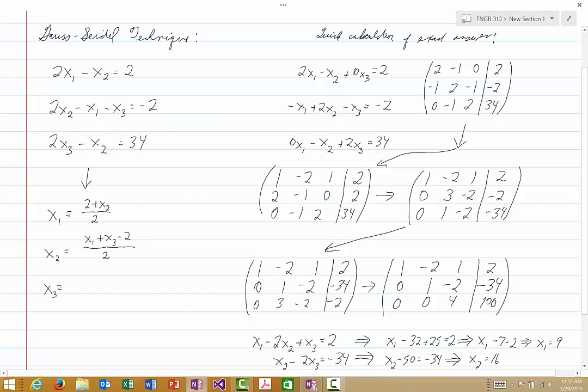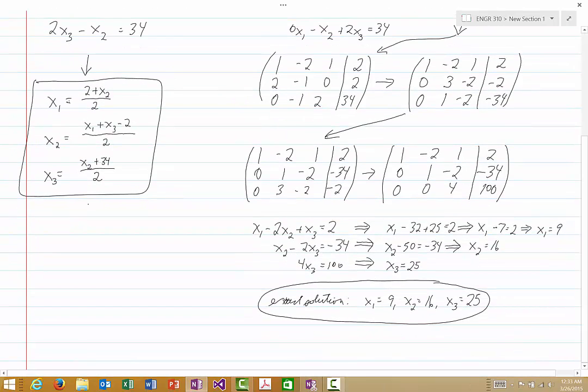And finally, if we look at the third equation, we get x3 is equal to x2 plus 34 over 2. Now, so far, that's been very easy. We've just taken each equation, rearranged the terms, and solved for the variable corresponding to the diagonal element in terms of all the other variables. So we get these three equations.